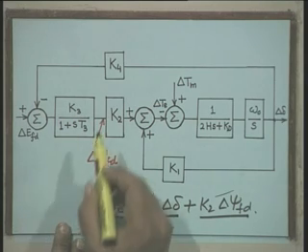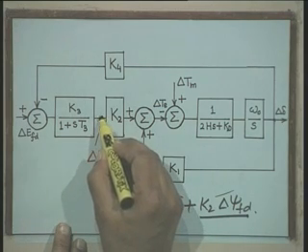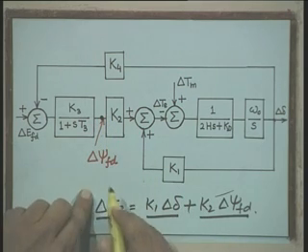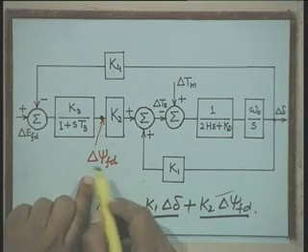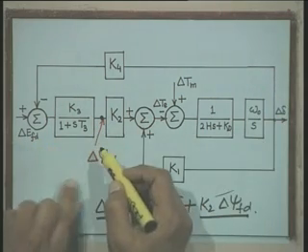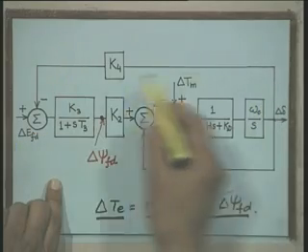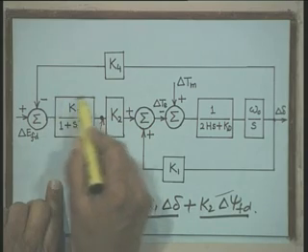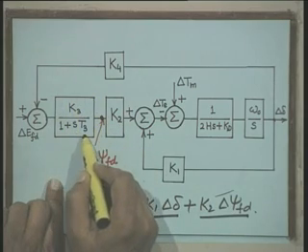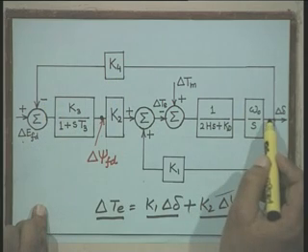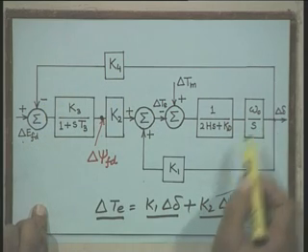Then we have the transfer function to relate delta psi f d to delta E f d and delta delta. Now, this is shown in this portion of the block diagram, where the input to this transfer function K 3 over 1 plus S times T 3 is delta E f d minus K 4 delta delta, right.